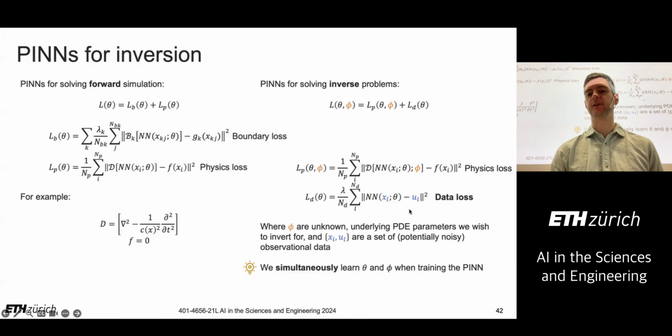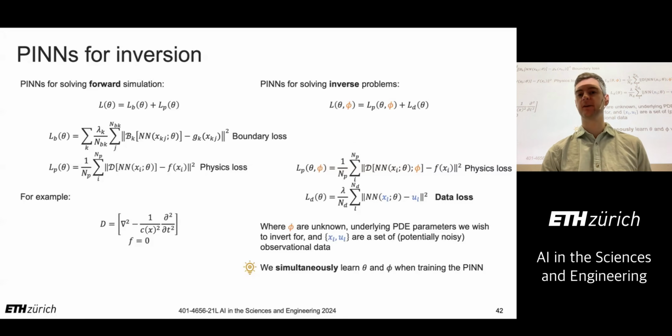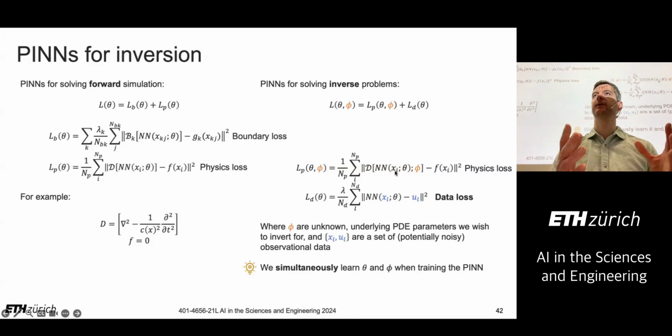So that's the first change that we do. The second change is, in general, we probably don't know what the boundary conditions of the problem are. Let's just assume that we don't have access to that. We just have observations of the solution. So we get rid of the boundary loss. And then we keep the physics loss the same. So we sample lots of points in the domain, just like we did before, and we evaluate the PDE residual.